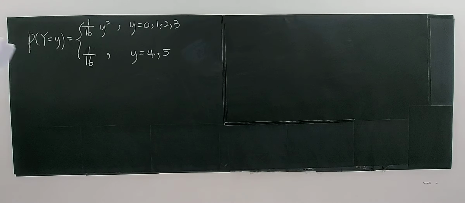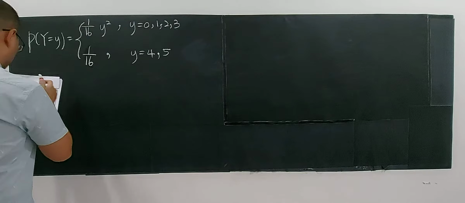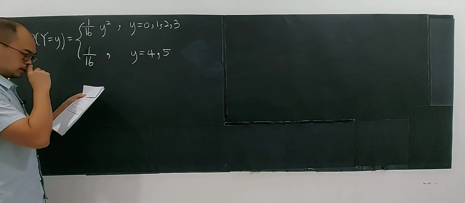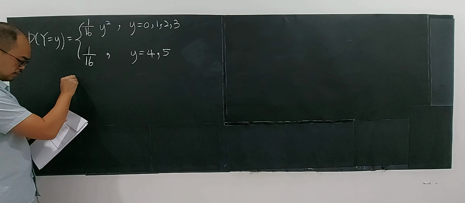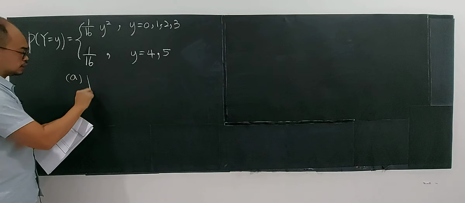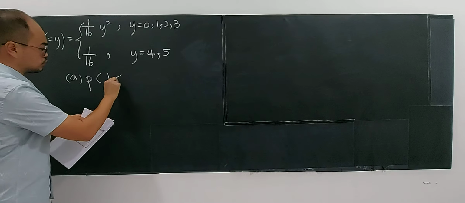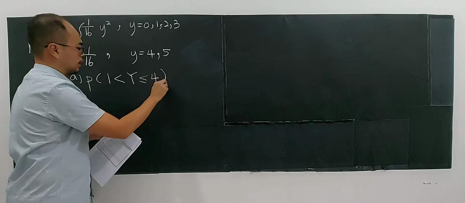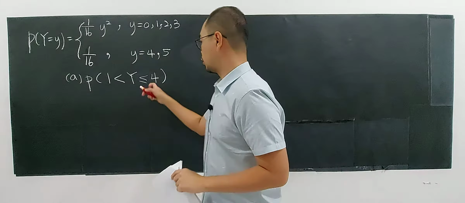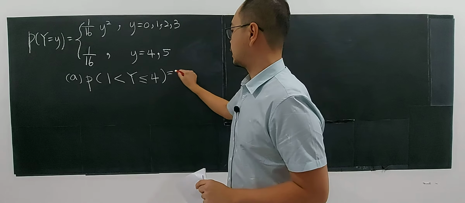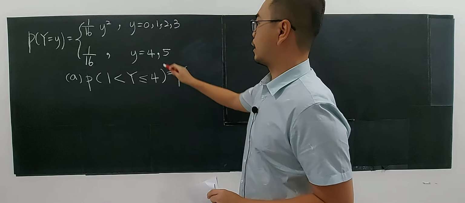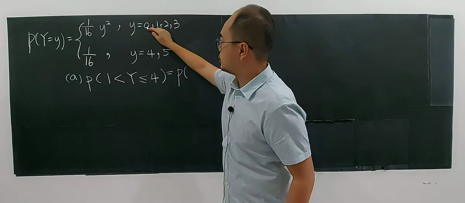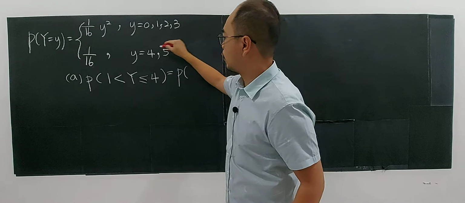We're going to use this probability function of the discrete random variable to find the probability of y being between 1 and 4, including the 4 here. If you see all the numbers here, you have 0, 1, 2, 3, 4, and 5.